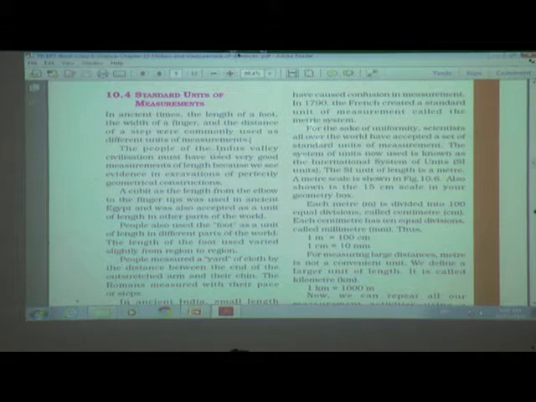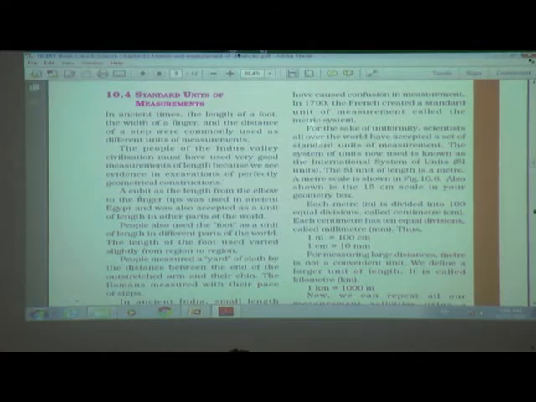The people of the Indus Valley civilization must have used very good measurements of length, because we see evidence in excavations of perfectly geometrical constructions. See students, in ancient time also they must have used a very good measurement. So we find it in our excavations.